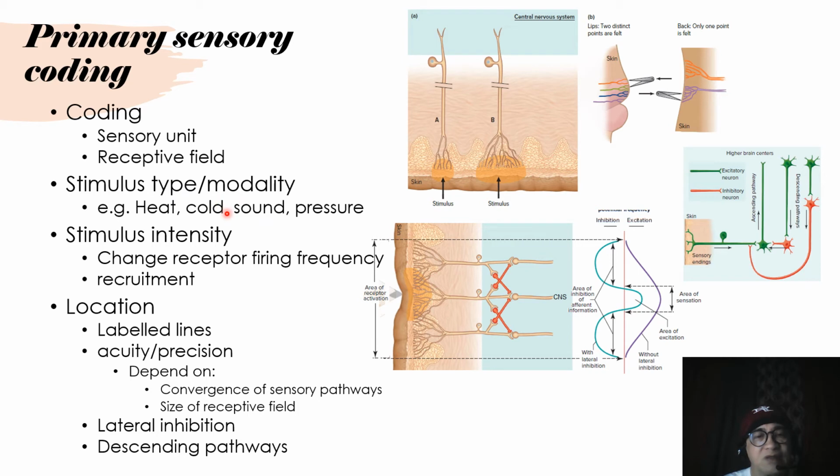Or if the stimulus is sound, then the hair cells of the inner ear would be stimulated and none other. If it's pressure, it would be the pressure receptors at the skin or at the muscle tendons that detect this. So the stimulus type or modality of the stimulus may be a code for a particular sensory information.